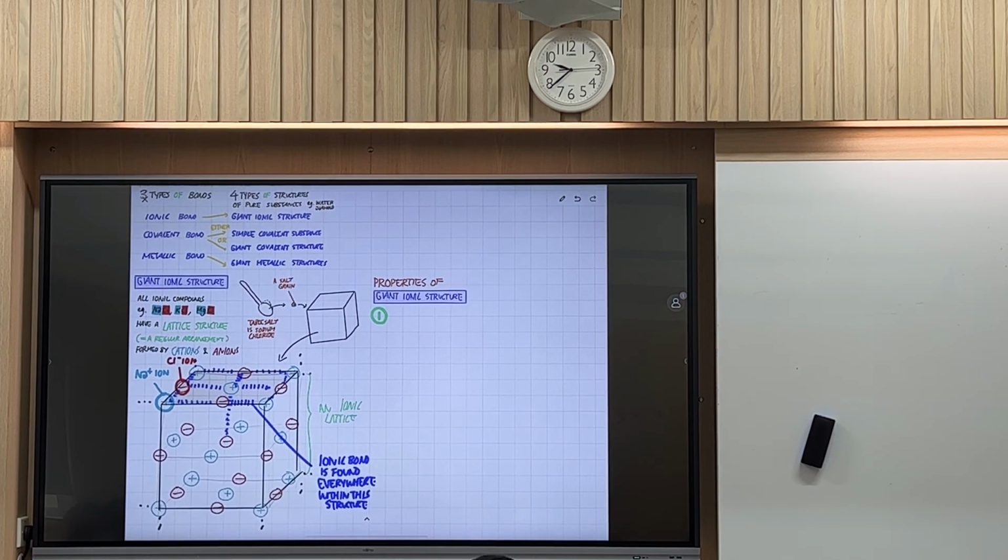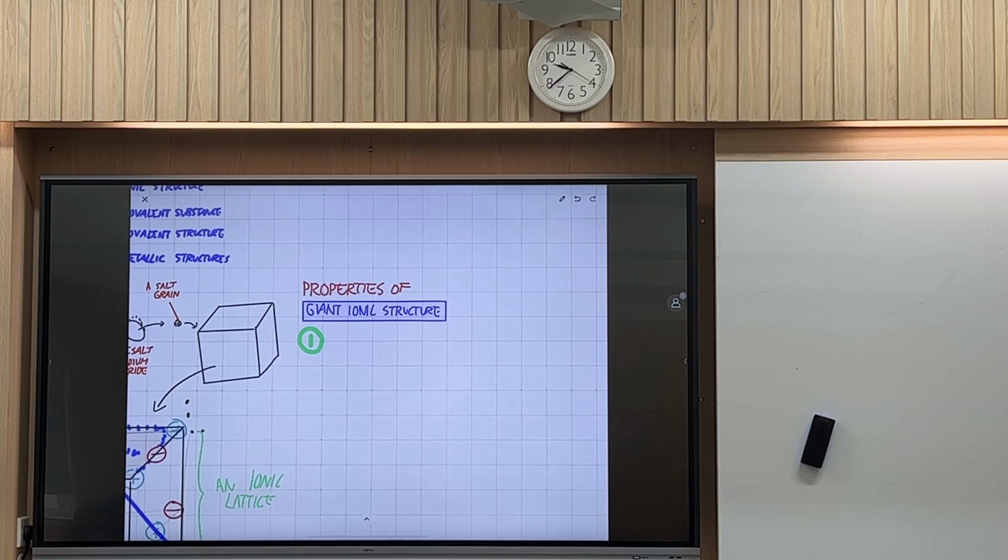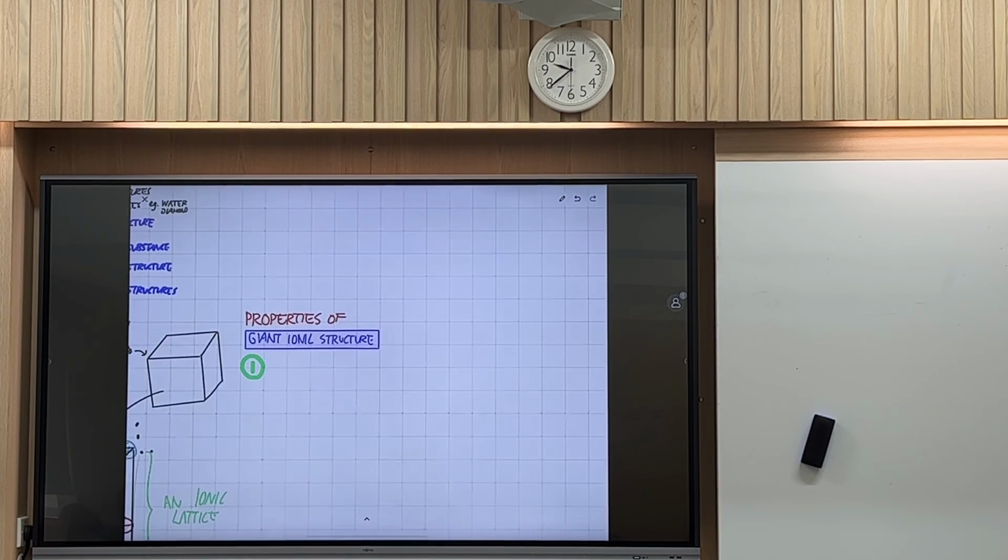I don't think you can melt salt at home because salt has a melting point of 1,500 degrees. That's high compared to the melting point of water, which is just 0 degrees, right? One is 1,500, one is 0. They certainly have very high melting and boiling point. So write down high melting and boiling point.